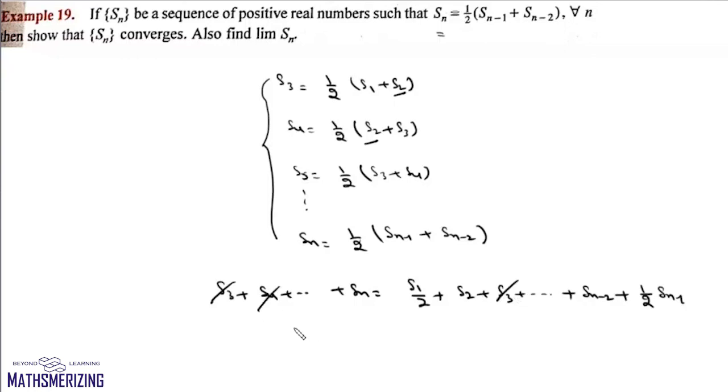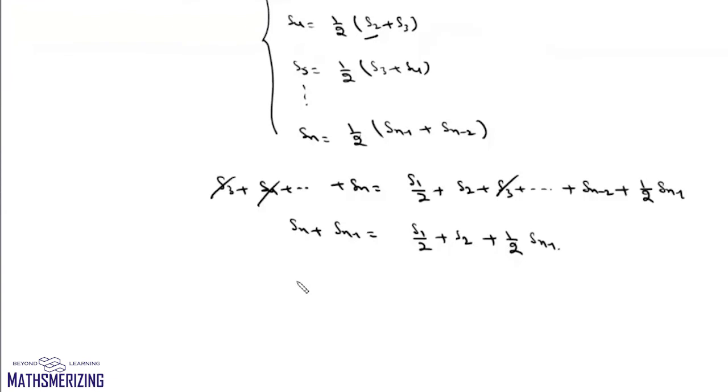So here we'll get Sn plus Sn minus 1 equal to S1 by 2 plus S2 plus 1 by 2 Sn minus 1. Or we can write this as Sn plus 1 by 2 Sn minus 1 equal to (S1 plus 2S2) by 2.